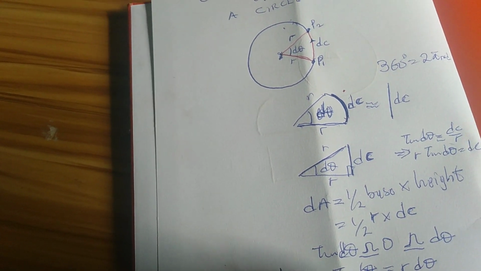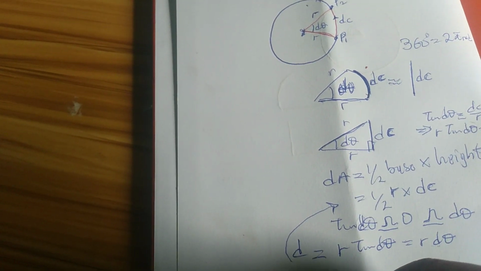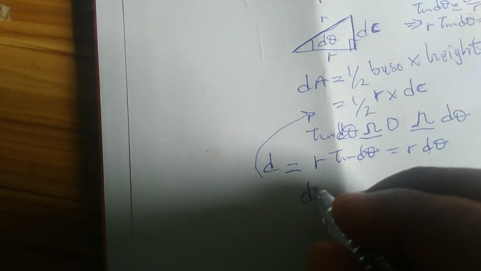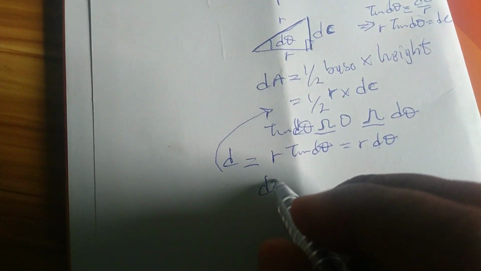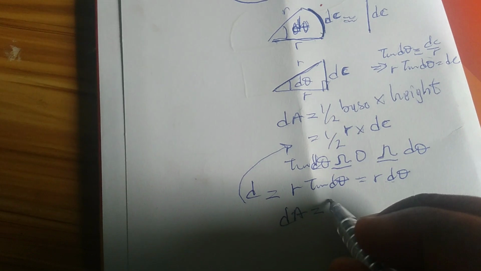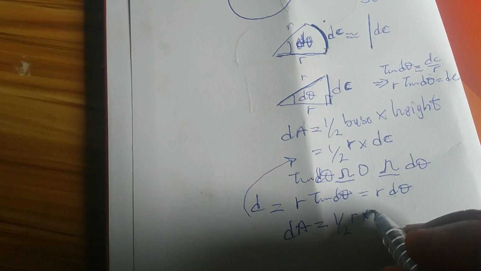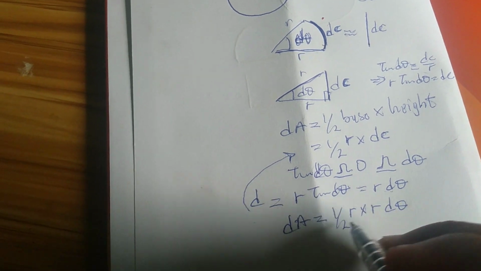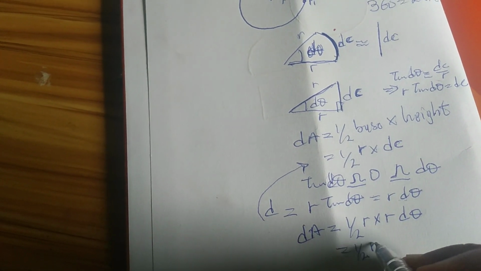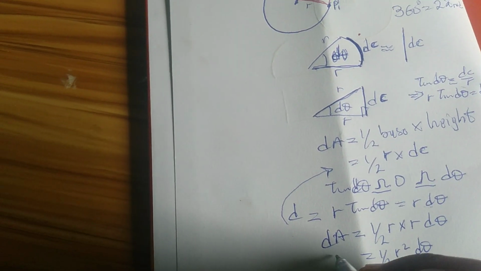So my dC will now become r dθ. I can now put this in the area of the circle. The dA will now turn to half r times r dθ, which is 1 over 2 r squared dθ. That is the dA.